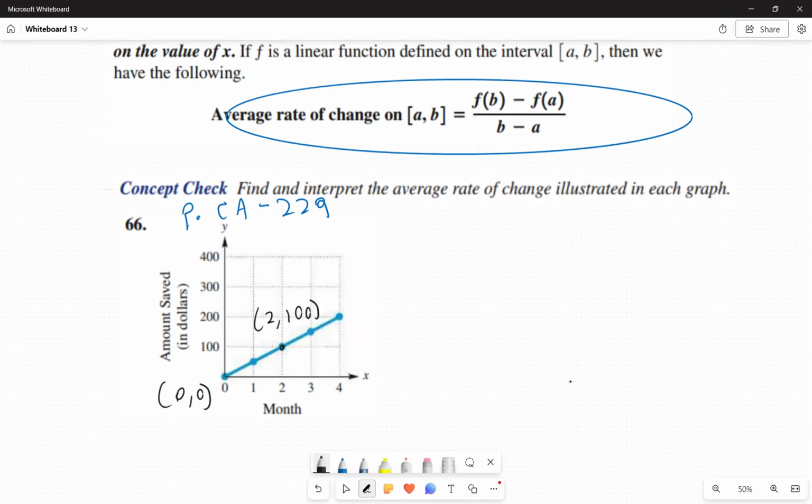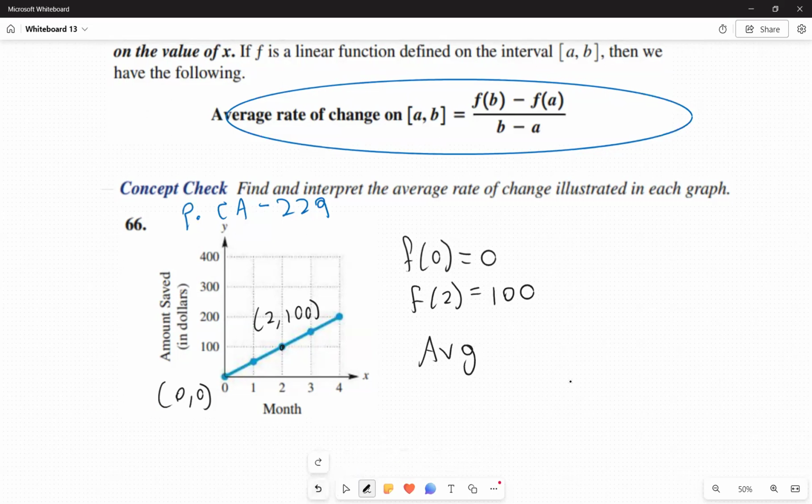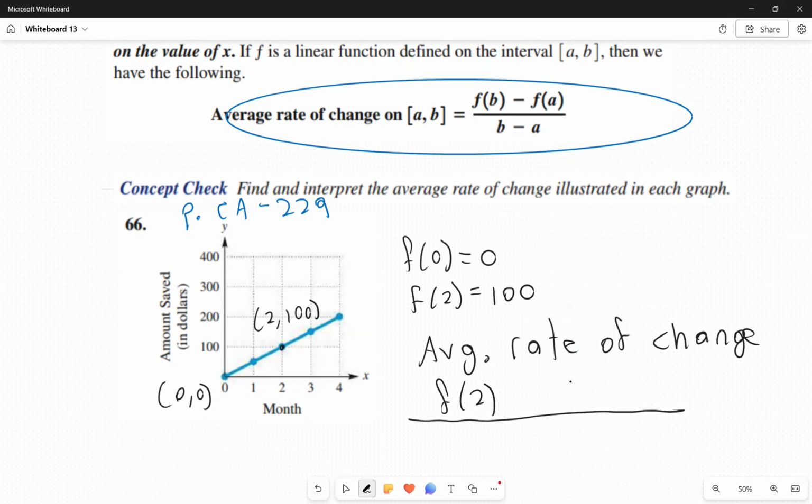What do we have? We know that f of 0 is 0, and f of 2 is 100. So the average rate of change is going to be f of 2 minus f of 0 over 2 minus 0, where f of 2 is 100 and f of 0 is 0.